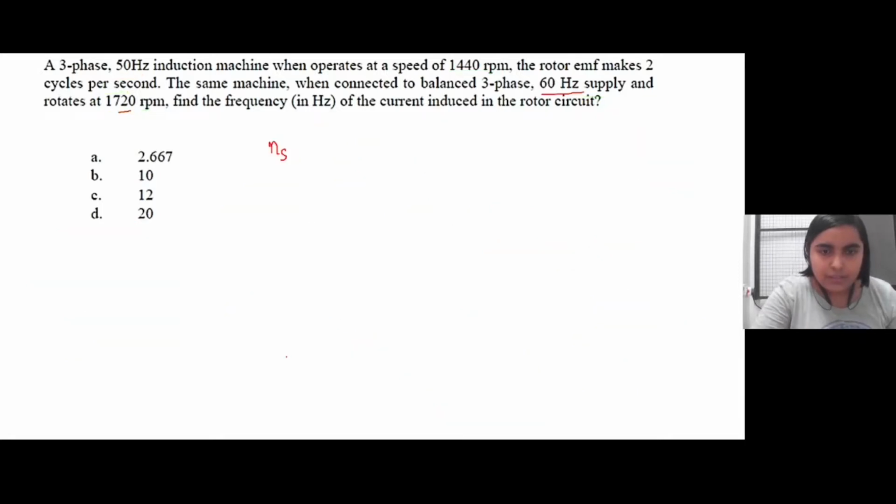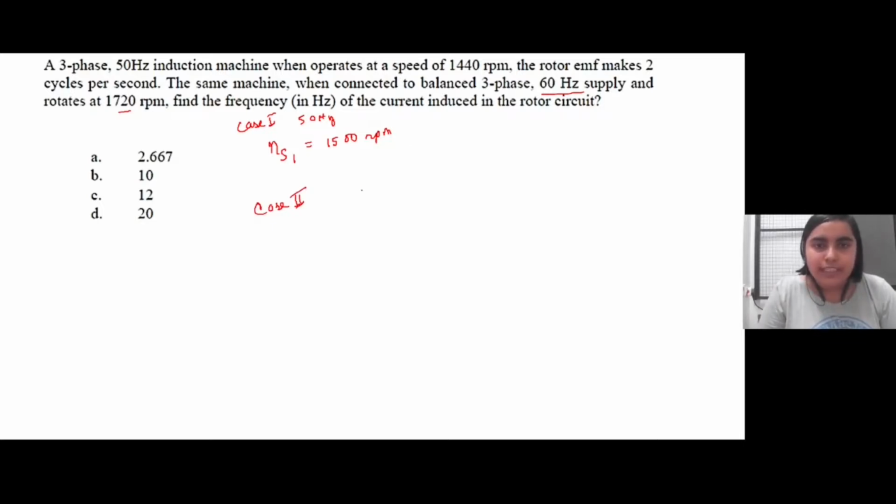Okay, now let us denote, since for case 1 it is operating at 50 hertz, ns1 was 1500 rpm. Now in the second case, it is operating at 60 hertz.